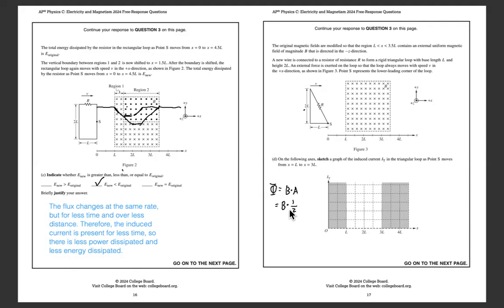Oh, but this is no fun because the height is actually changing as time goes on too, because you're enclosing less of the triangle as point S gets closer to the field compared to the left side of the triangle. More of that triangle is entering the field as the left side of the triangle. So you get more flux. Oh man.